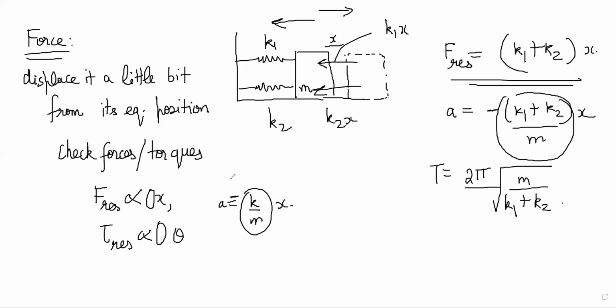So let's apply that to question number 19. Question 19 says there are 3 springs. One is like this, there's a body, and one is like this.